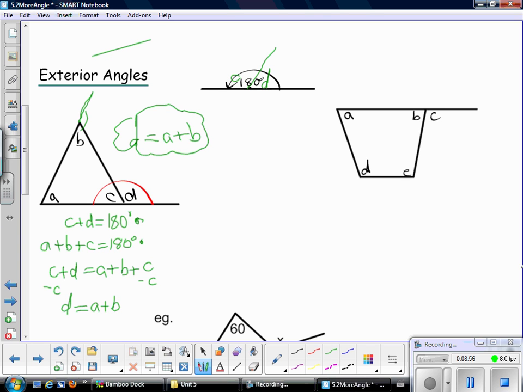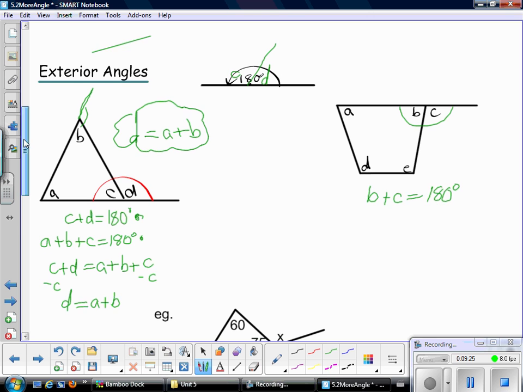Now, when we're talking about a quadrilateral, a four-sided object, I can see that this has to equal 180 degrees. But unlike a triangle, I can't get angle C by adding these angles together. So the only thing I can say is B plus C equals 180 degrees.